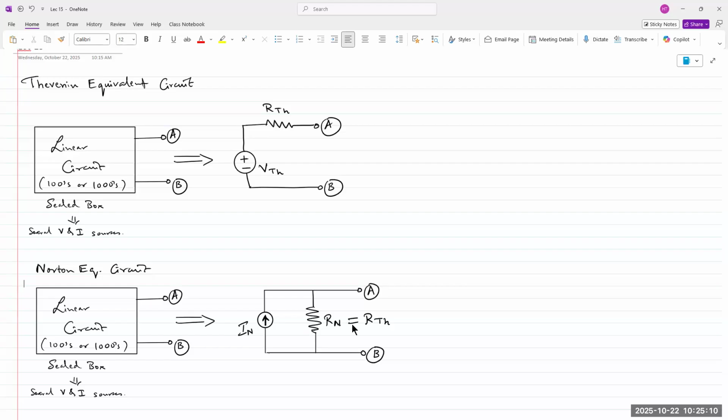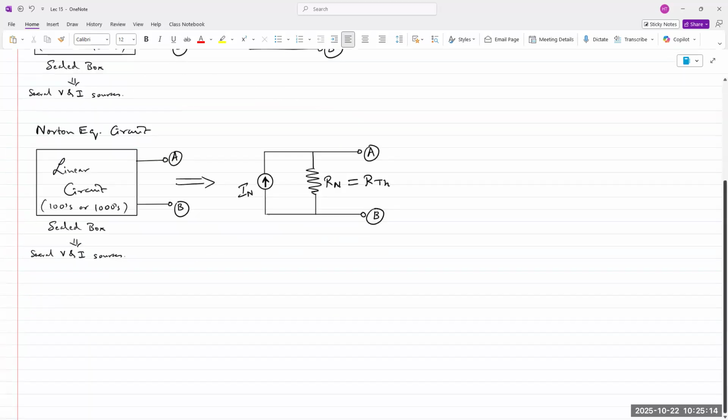The way to find Norton current is by taking your terminals of analysis, which in this case are A and B, and you place a short circuit wire between the two.